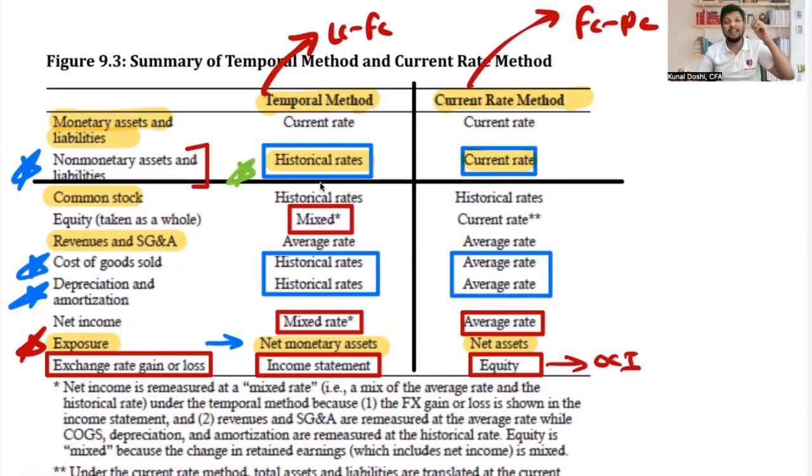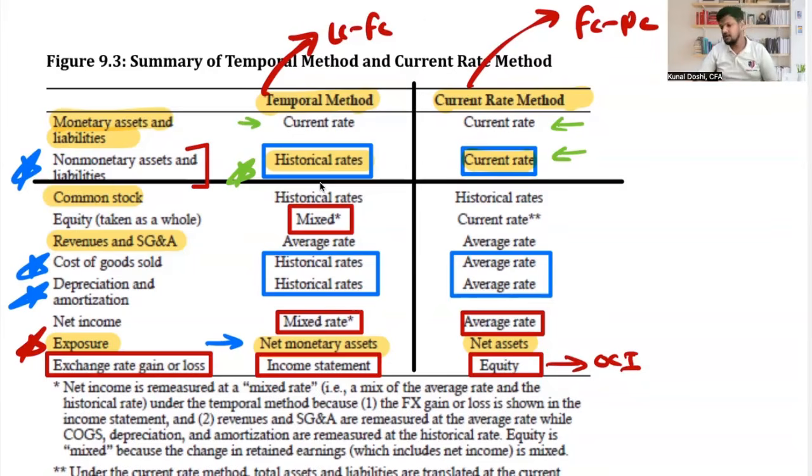Non-monetary assets and liabilities like fixed assets are recorded at the historical rates. But the monetary assets and liabilities are recorded at today's rate, that is on the balance sheet. And in the current rate method, it's pretty much straightforward. Whether it's monetary or non-monetary, both are recorded at the current rate, that is the rate today. Is the first major difference about assets and liabilities clear?